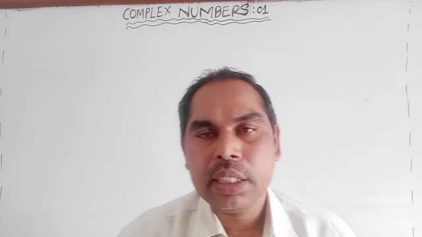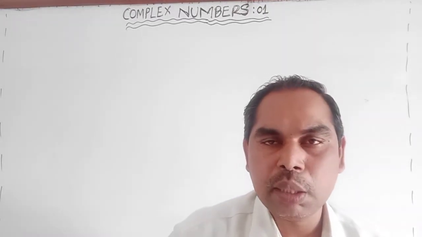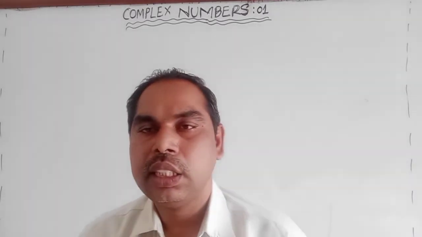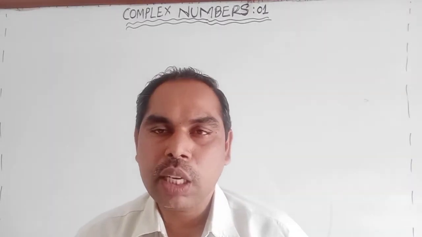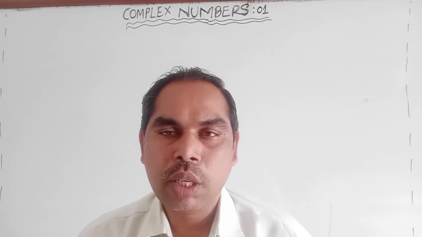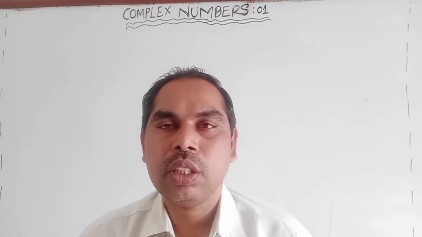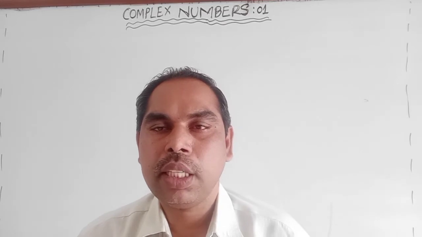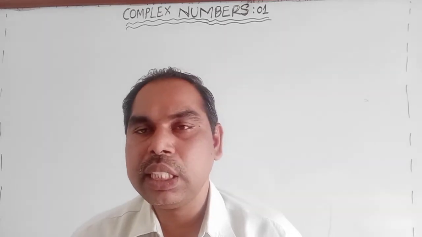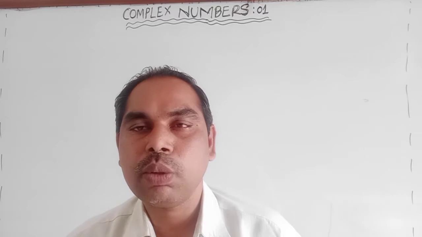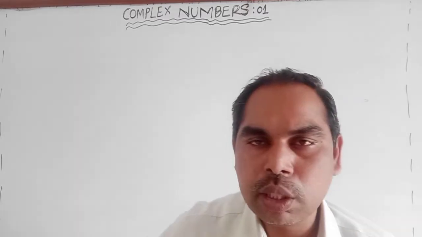So i is the unit of imaginary numbers. Unit i, small i, denotes the square root of minus 1. The square root of minus 1 is equal to i, that implies i square is equal to minus 1.